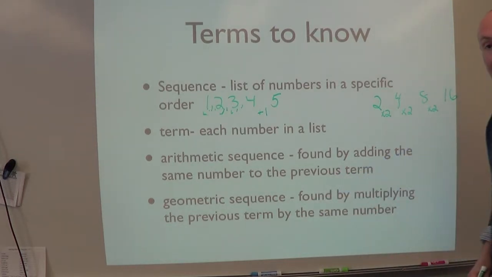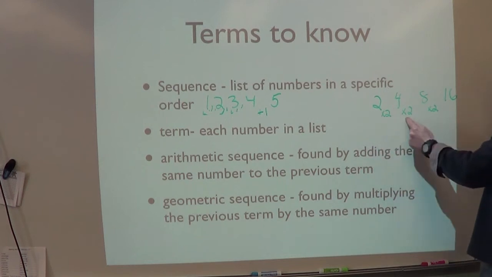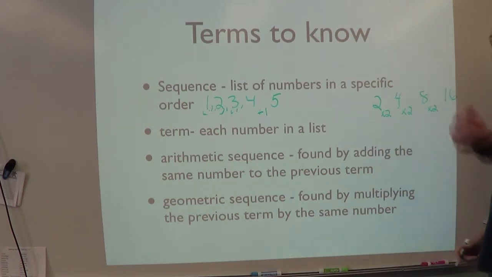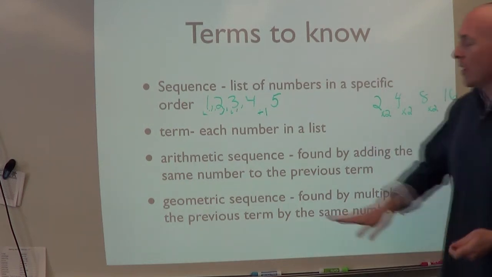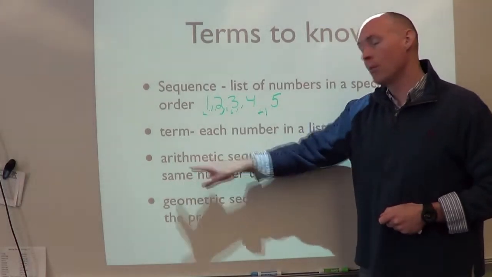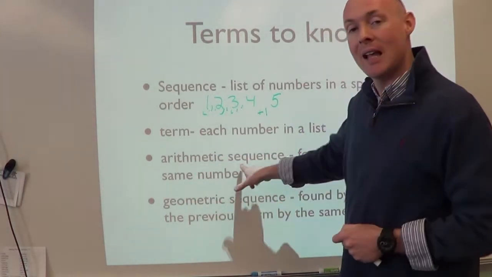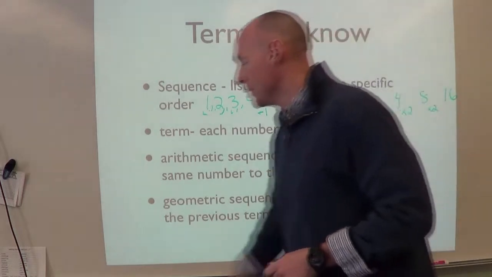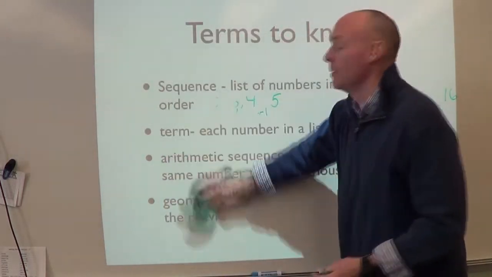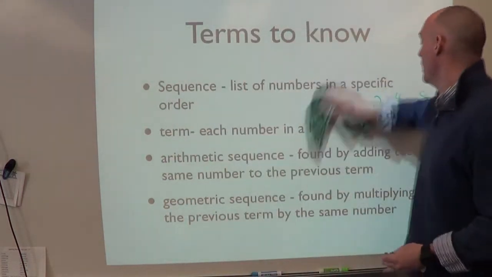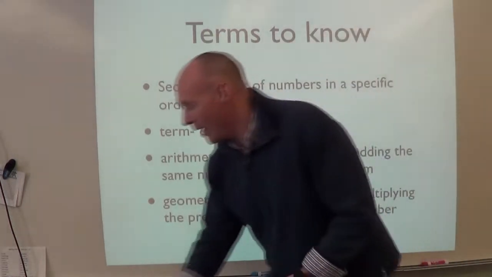That's a geometric sequence. Notice with each term, we're multiplying by 2, and we'll continue on. We're going to talk about both of these today. We're really going to hone in on the arithmetic sequence, though, which is just adding the same number to each term.